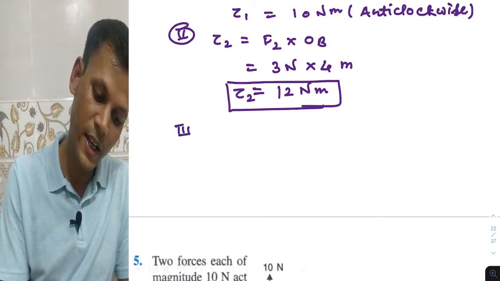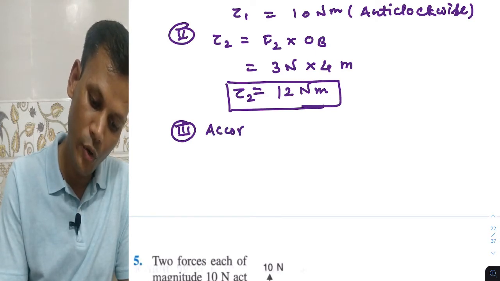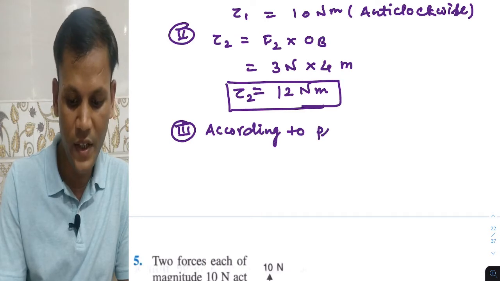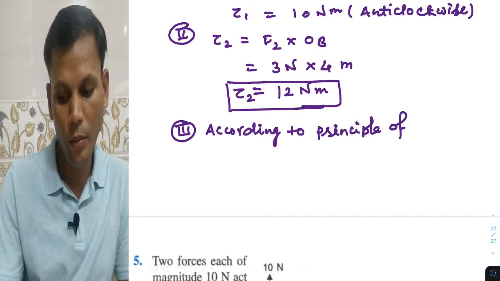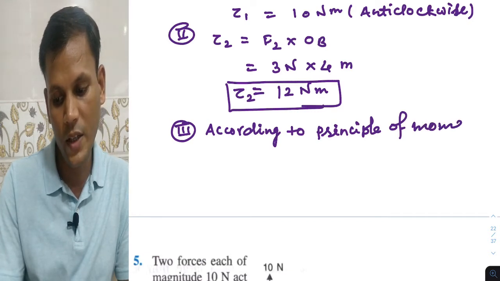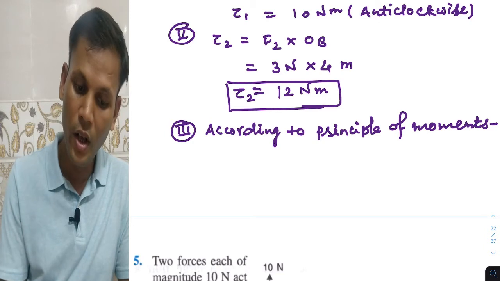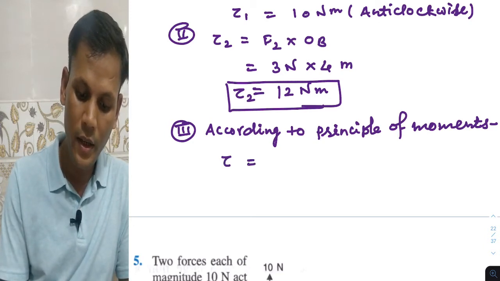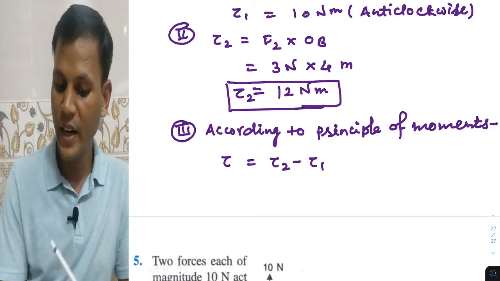So we can say according to the principle of moments. What is the principle of moments? That the sum of all the moments, that is net tau, will be tau 2 minus tau 1. Why minus?